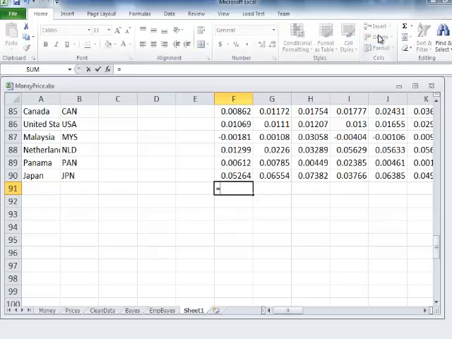I want to look at the mean of this series. This is from F51 to F90. Oh, okay, I was taking the average, right.